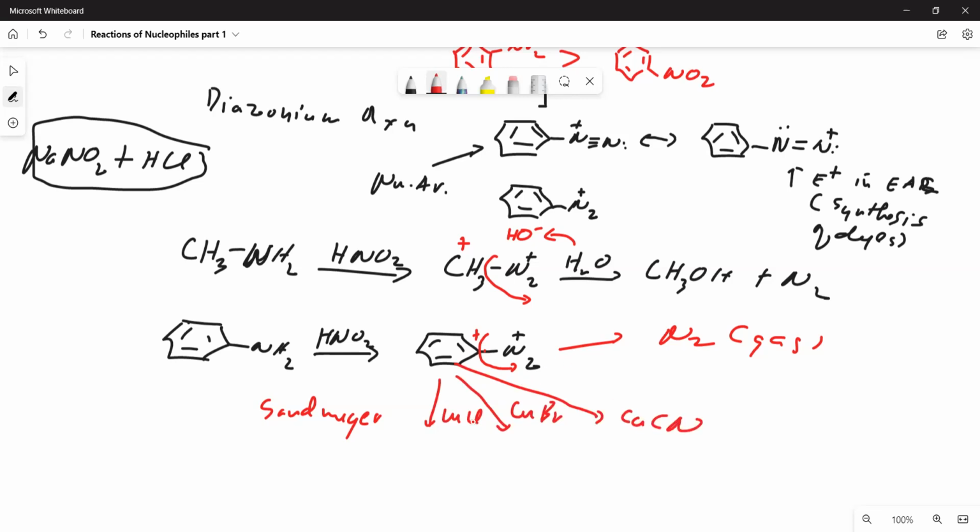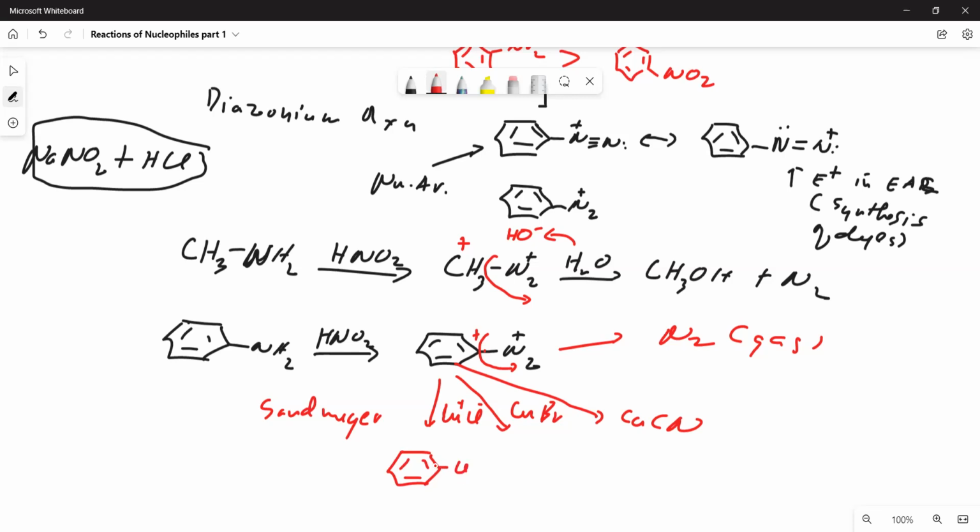In cuprous chloride, the nucleophile is the chloride. The copper is just acting as a catalyst. So replacement of that will generate chlorobenzene. So this is another way of producing chlorobenzene.